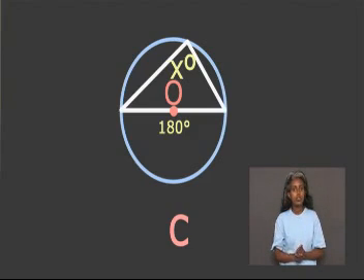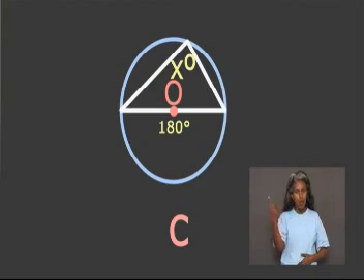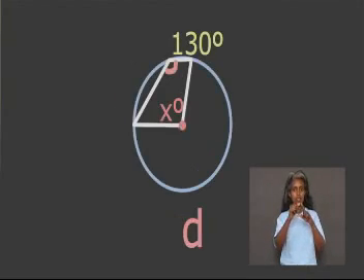In fact, an angle inscribed in a semicircle is always a right angle. In the final example, remember that the largest angle is actually the central angle subtended by the same arc as the inscribed angle.